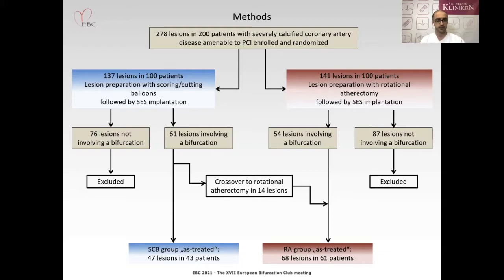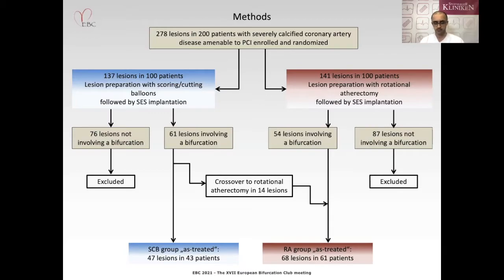As you can see, from the 278 lesions included in the trial, 14 lesions were crossover from scoring cutting balloon to rotational atherectomy in the bifurcation group. And finally, the scoring cutting balloon group included 47 lesions in 43 patients, and the rotablation group were 68 lesions in 61 patients.